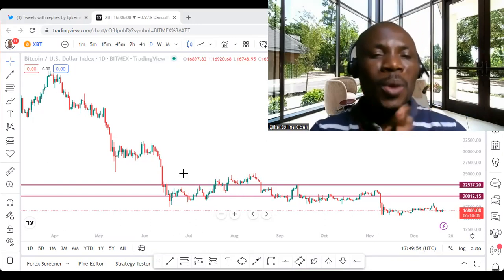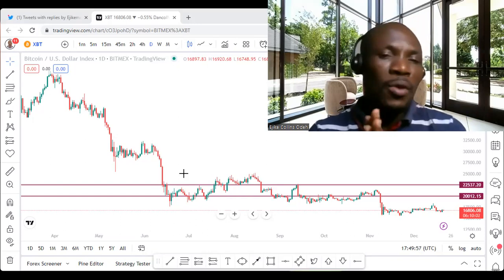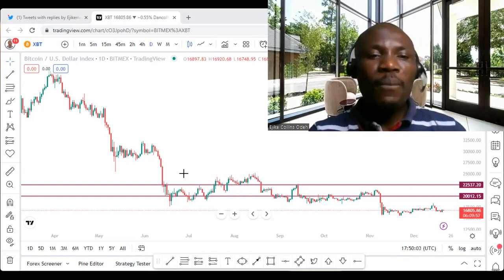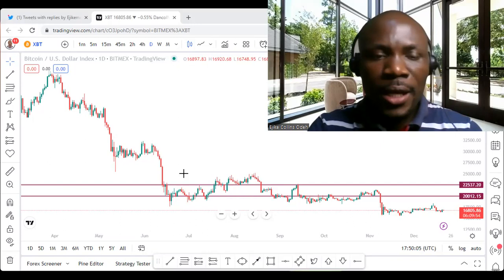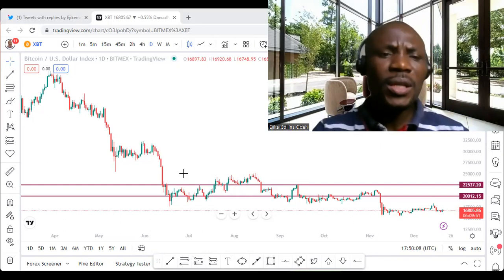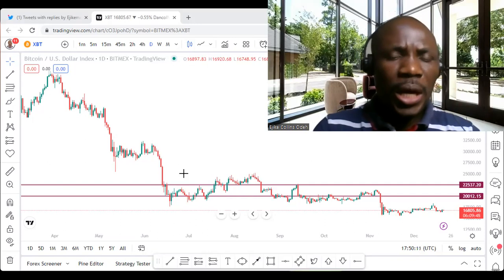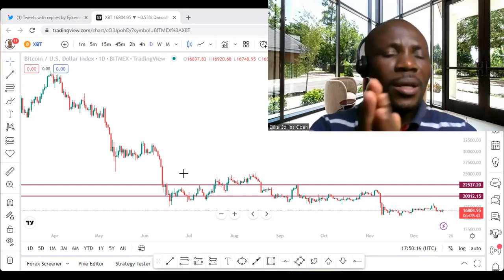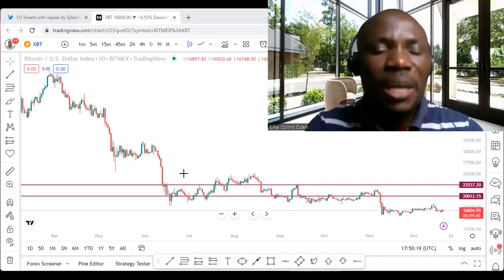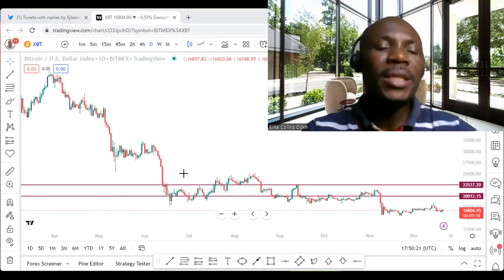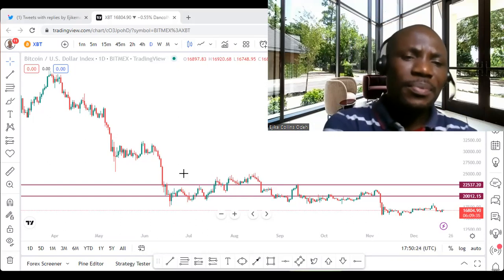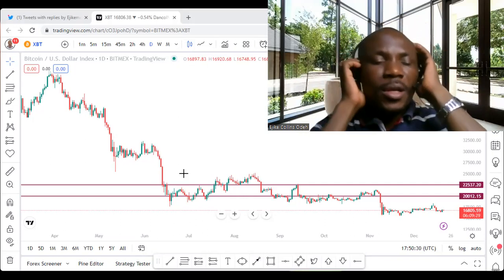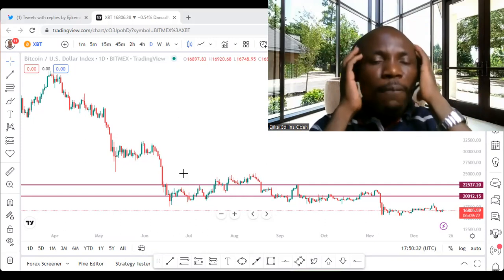Or how do you identify it before it happens so that you won't be a victim? That is putting the odds, the probabilities, in your favor. So we're going to look into this very important part of your journey into a profitable experience in the Forex industry. In trading, not only Forex but even cryptocurrencies, the tools we are using are the same.